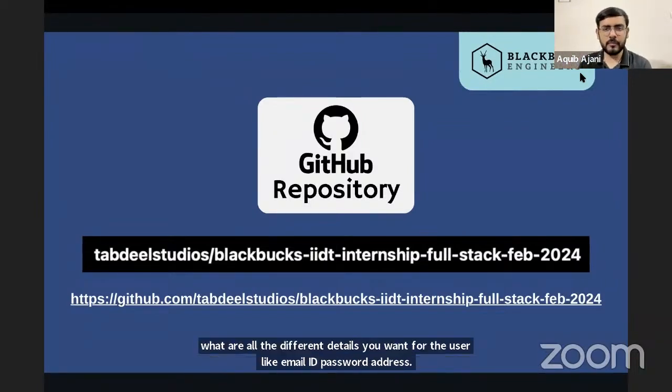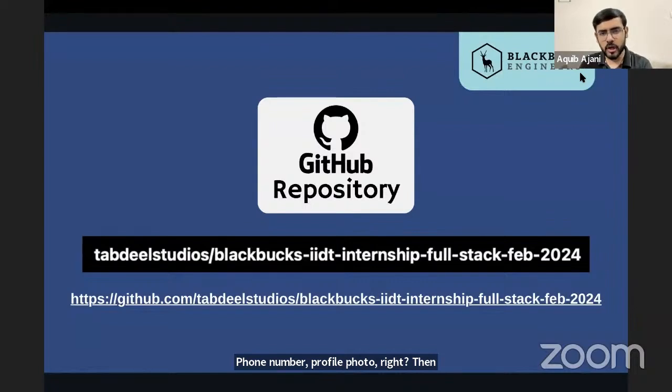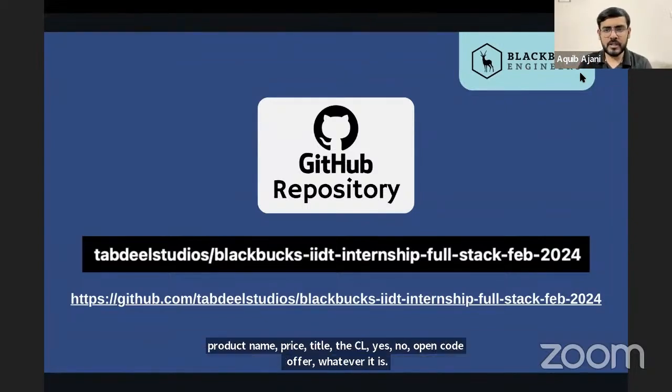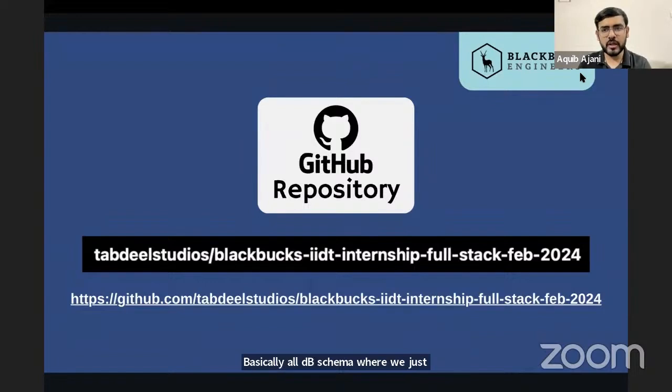Then another entity could be, say, product. What are all the details for product? Product name, price, title, description, sale yes or no, coupon code, offer, whatever it is. That is basically your DB schema, where we just mention all the different properties of data items that we are using.